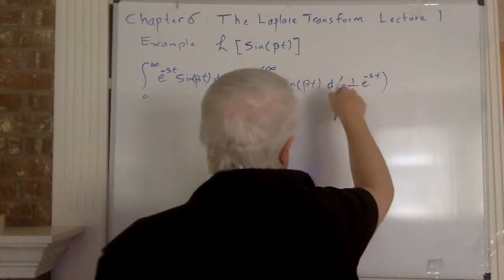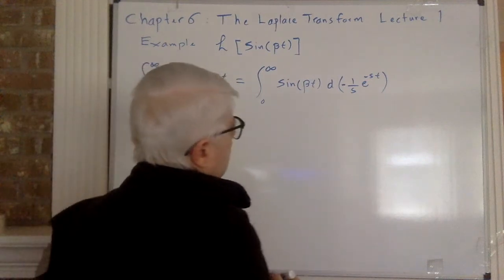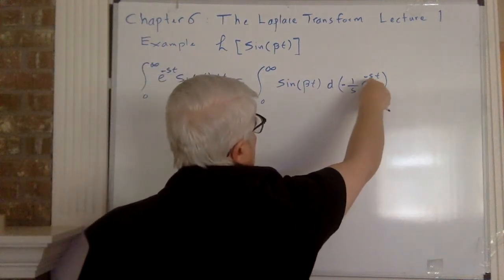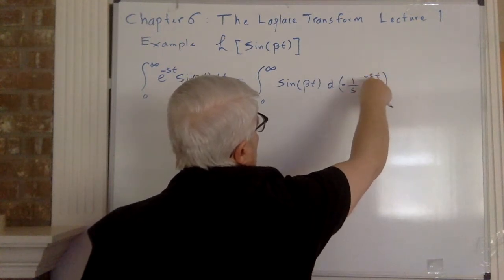So the derivative of this, or d of this, will be this, right? So it's derivative of there, so that's minus s times 1 over minus s, and that's 1.